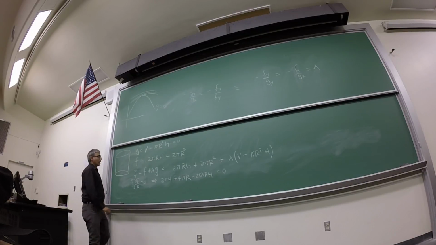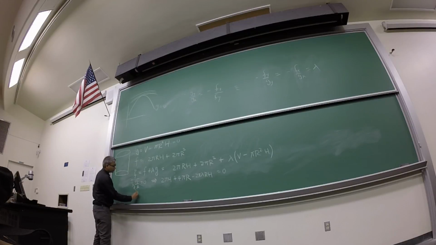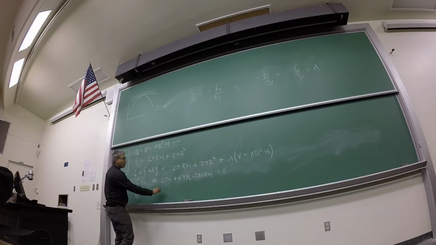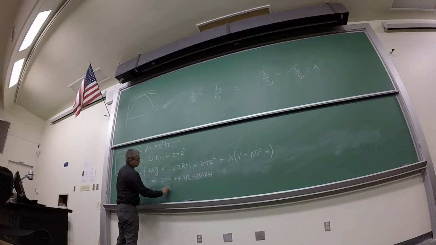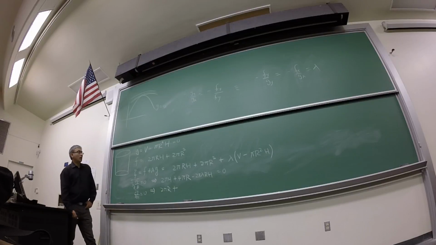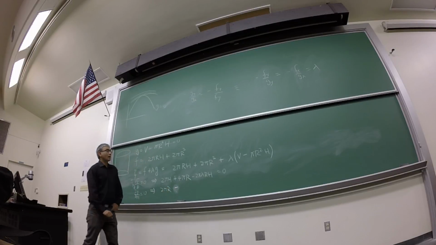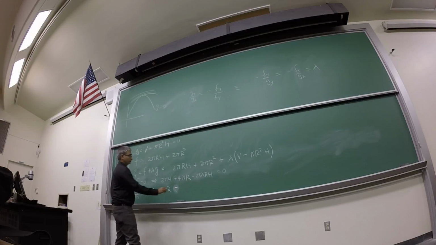Okay? Now we do the del f bar, del h equals to 0. And we do that, you're going to get 2 pi r, or I guess minus, pi r squared lambda.